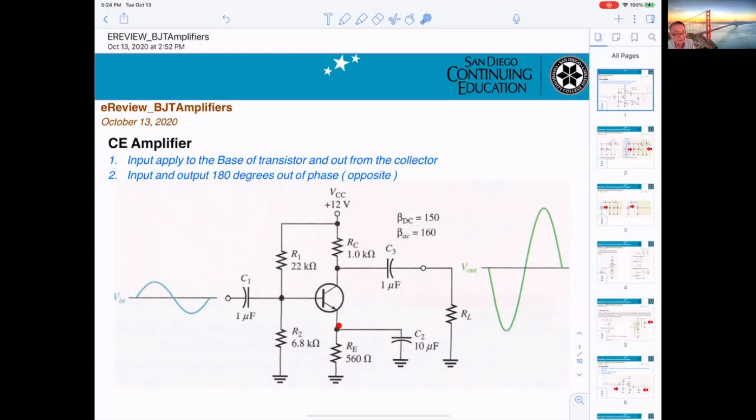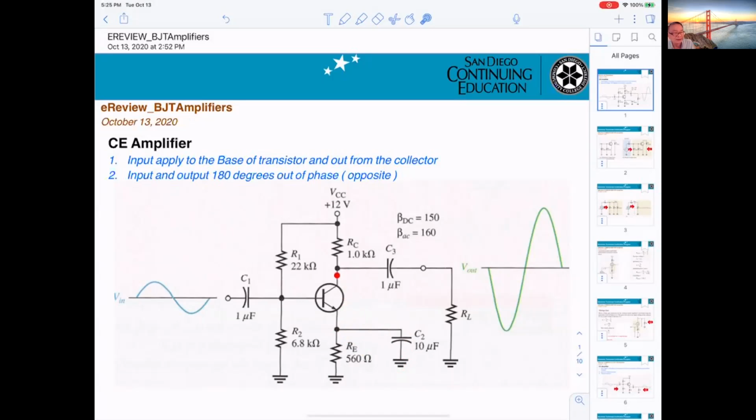If you measure AC voltage here, you get 0, okay? I'll give you an example. You get a sine wave coming in, 20 millivolts. Then at the base, you get 20 millivolts. However, at the emitter, you get 0. The thing is you get a bypass capacitor. They short the AC to the ground, okay?